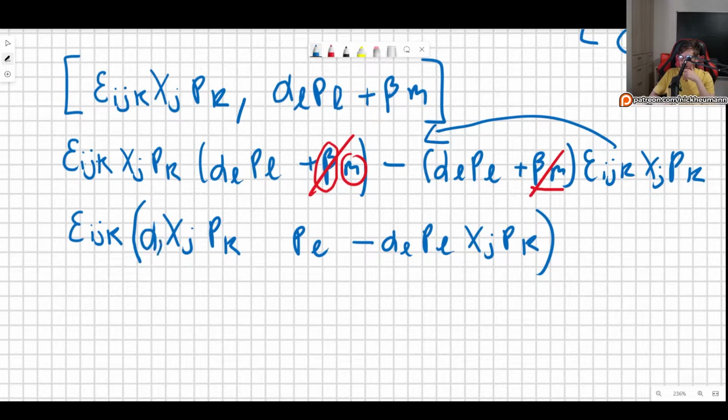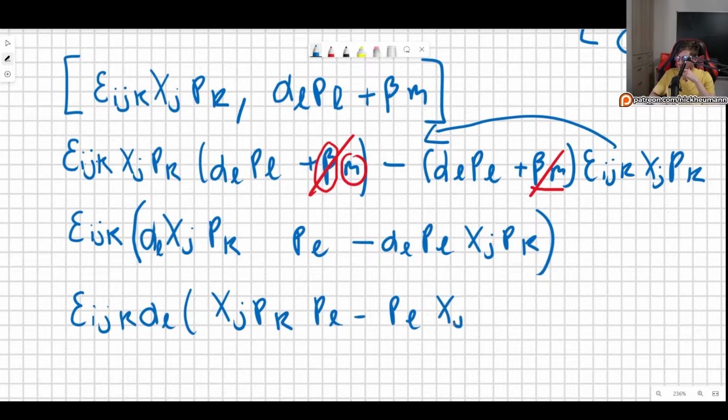We defined it for the Dirac Hamiltonian. It does not depend on x, y, or z, so we can commute it with the derivative. And multiplying by x, y, or z doesn't change anything. You can put it to the left or to the right. It makes no difference. And now we can simply take it out. So epsilon ijk, alpha l times xj pk pl minus pl xj pk.